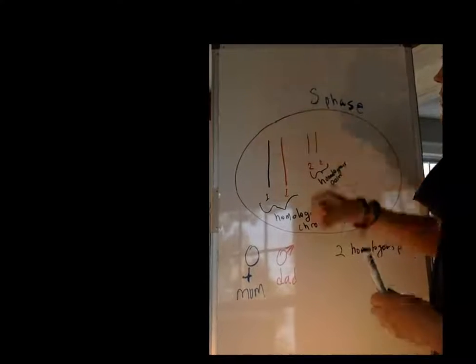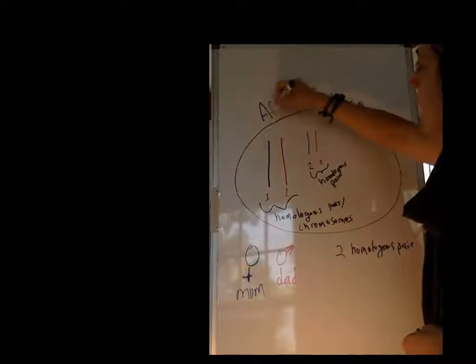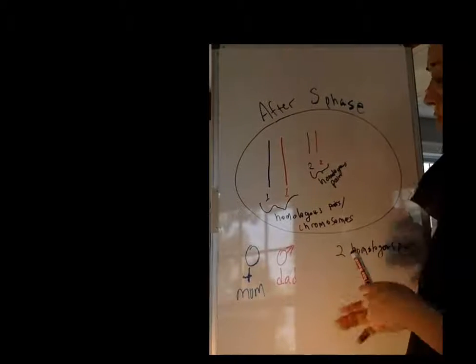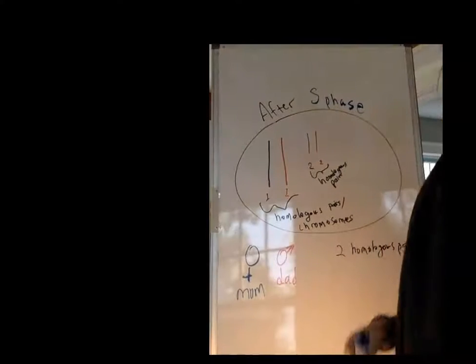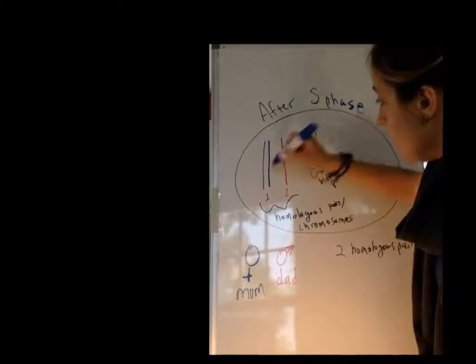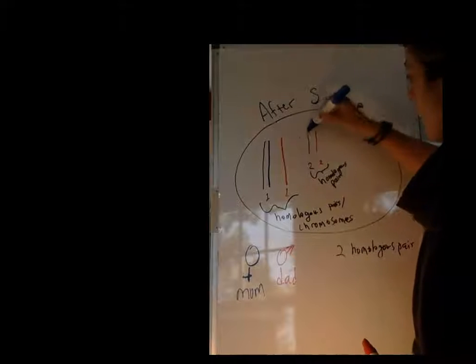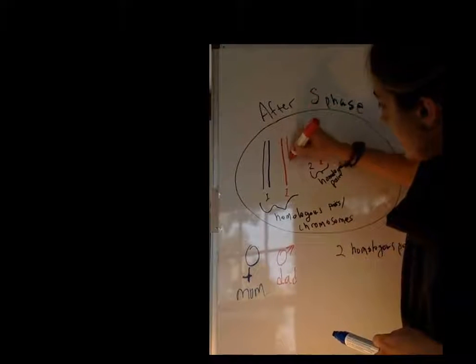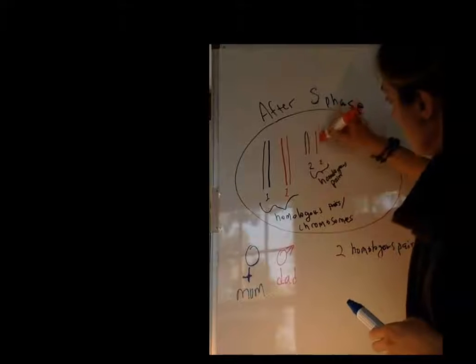After S phase, we have copied the DNA, and we're going to have duplicated all of the pieces of DNA that we had previously. So we have another copy of this, another copy of this, and a second copy of this, and a second copy of this.